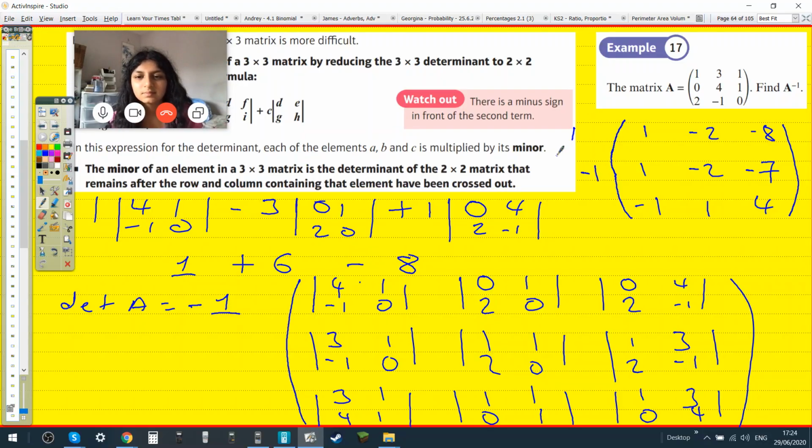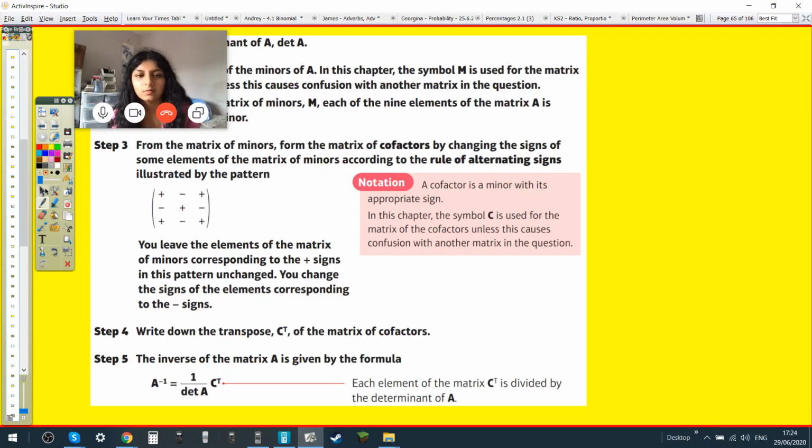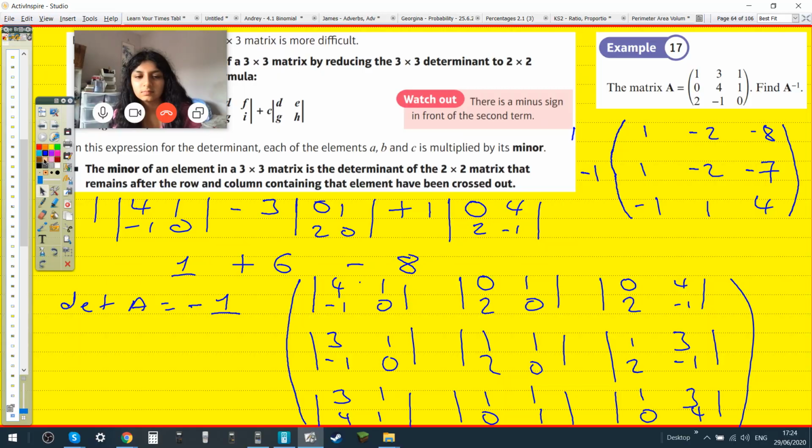Before that we have to rearrange the signs. We have to change the signs, so same, change, same, change. So the first one has to be plus, but it already is, so it stays the same.